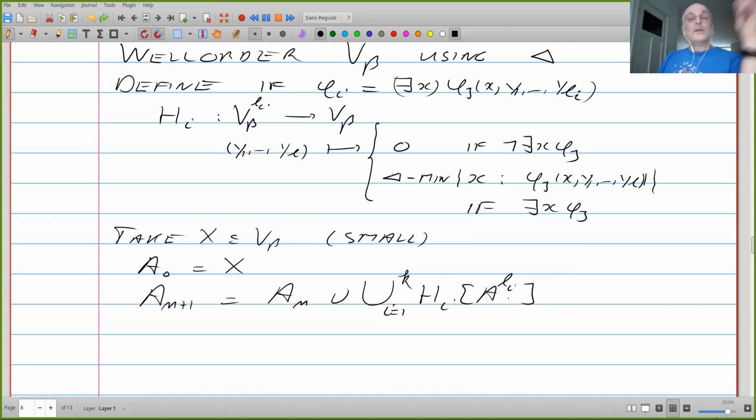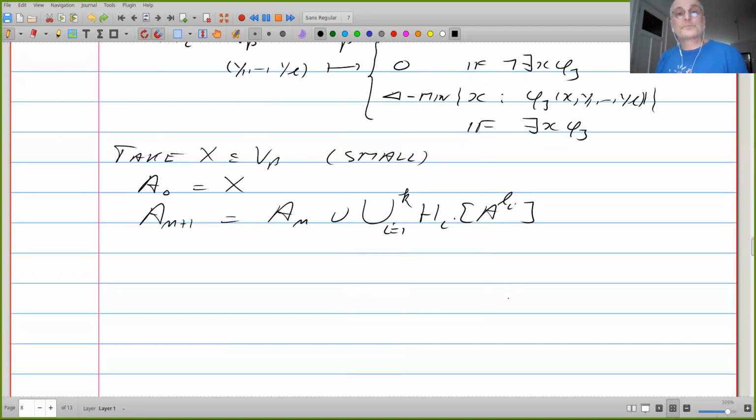Like so. We take X, we take all the function values for all the L_i tuples, for all the i, in X, add them to what we have. And we keep adding, we keep adding, we keep adding. And in the end, we union up all the A_n's.